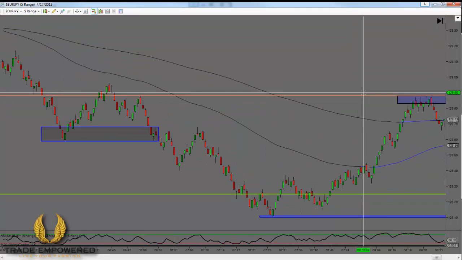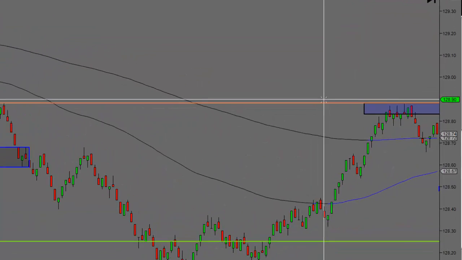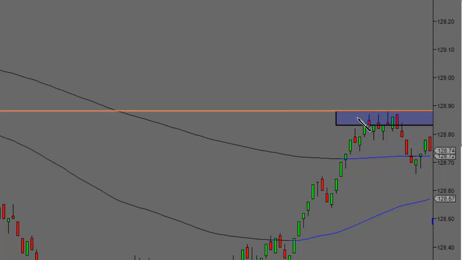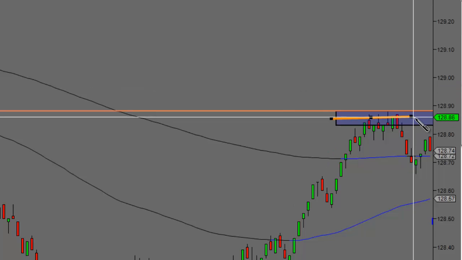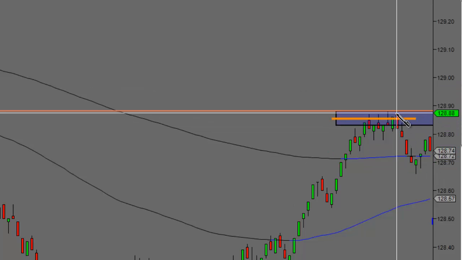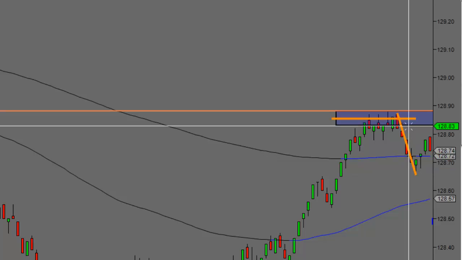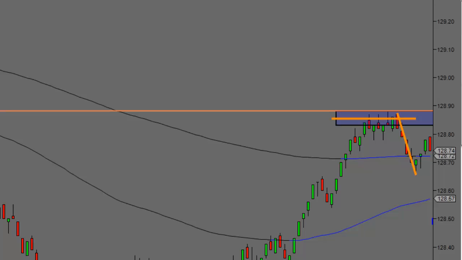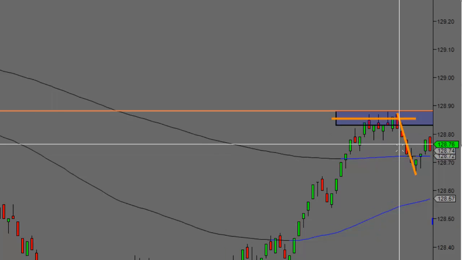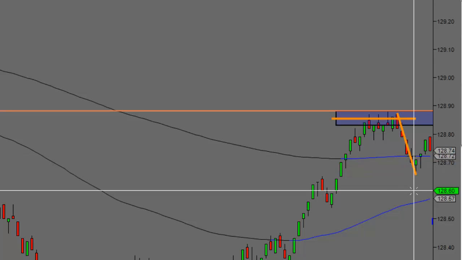So as the market retraced, you can see we came off of these, not really double tops, but we came off this consolidation level, and then we broke through, giving us new structure lows. So in the big picture, we're talking about new structure lows down here. In the smaller picture, in the most immediate trend, we're looking at new structure lows right here.